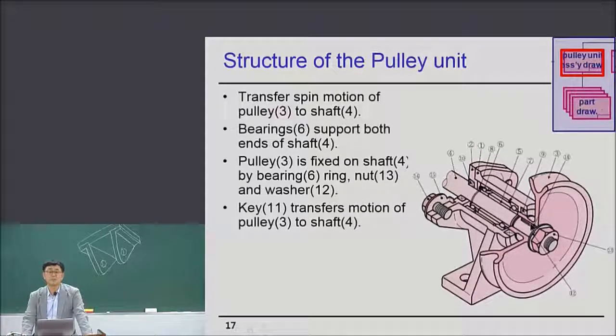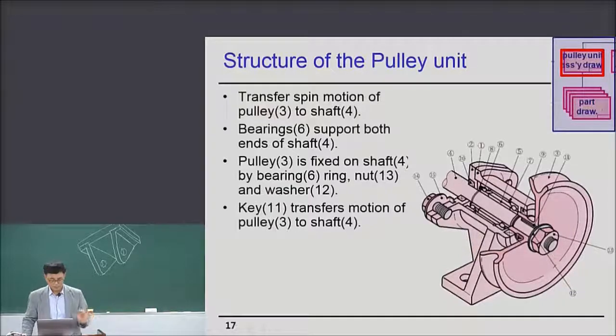And the key. Please remember when I explained to you the function of the key. The key transfers the motion of the pulley to the shaft without depending on any friction.